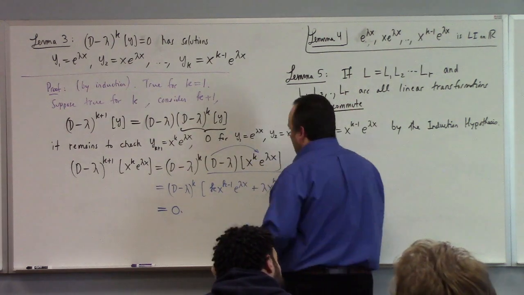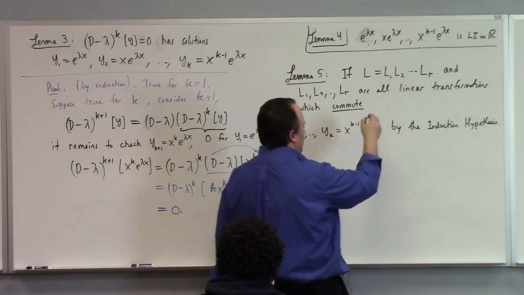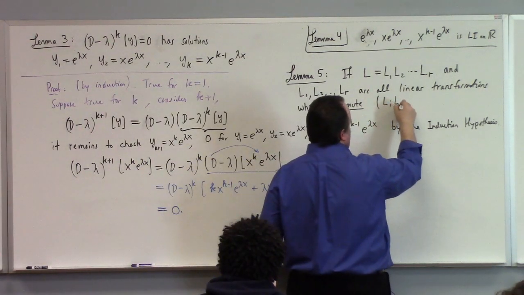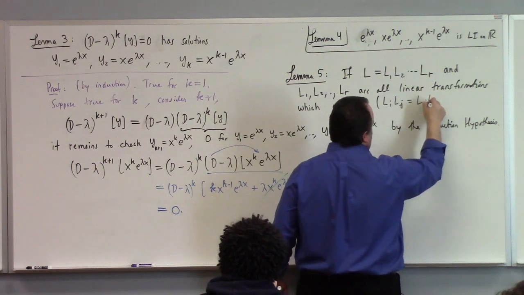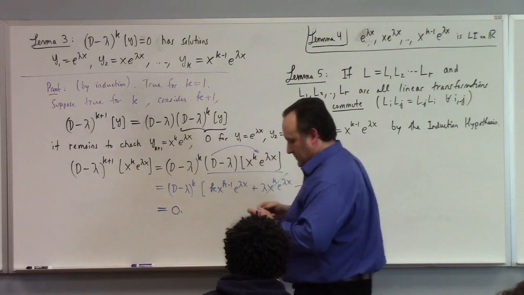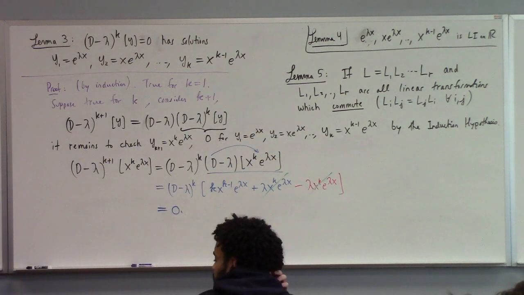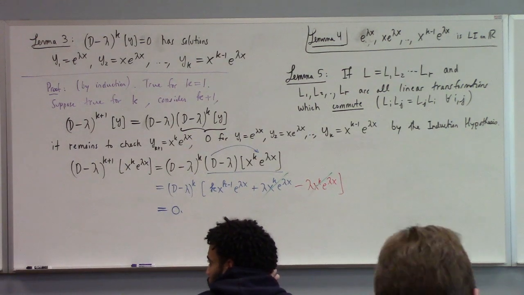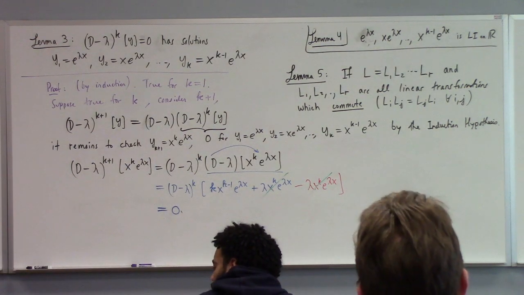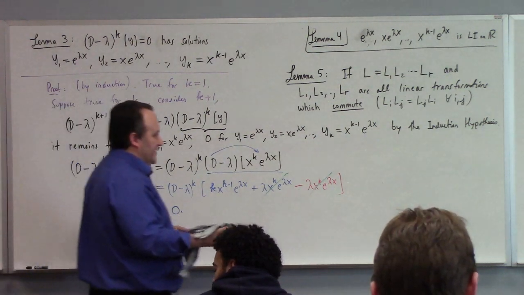So by commute, what I mean by that is like Li times Lj is equal to Lj times Li for all i and j. Like the commutative property. For example, the thing we're primarily interested in is just polynomials of the differentiation operator. Those commute, all right? That's the application we have in mind here.